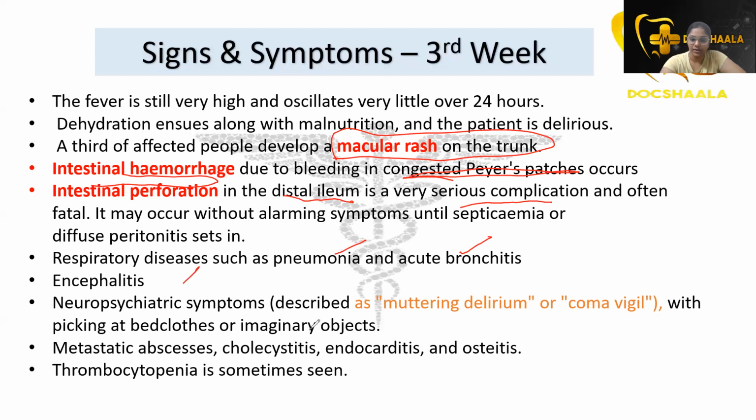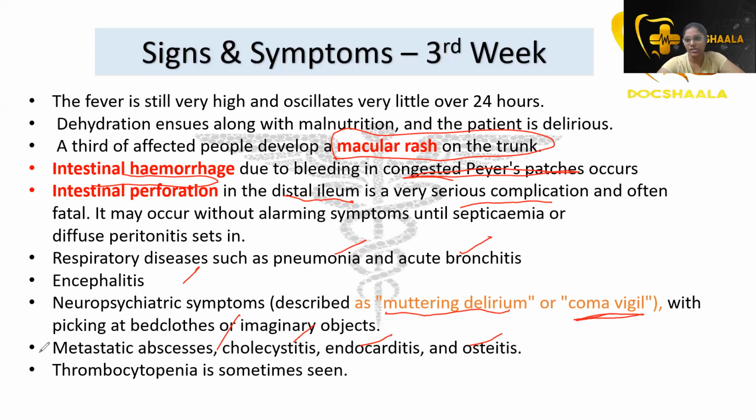Encephalitis and neuropsychiatric symptoms, described as muttering delirium or coma vigil with picking at bed clothes or imaginary objects, can be seen. Metastatic disease, abscesses, cholecystitis, endocarditis, osteitis. Thrombocytopenia is sometimes seen. These are the fatal symptoms which occur in the third week.